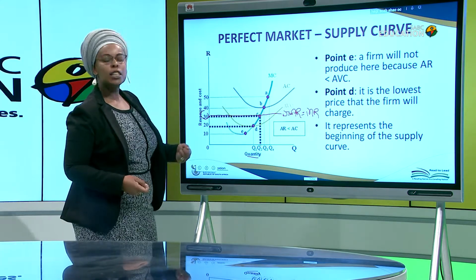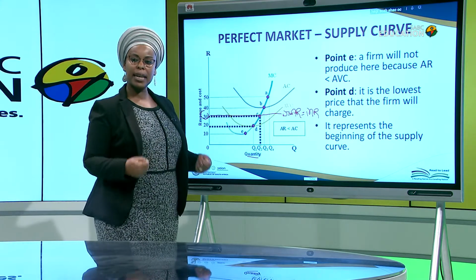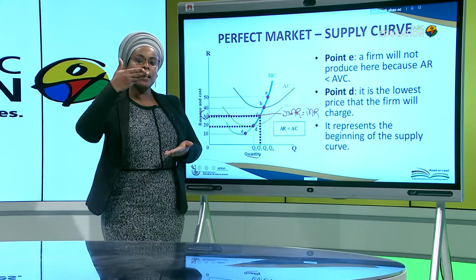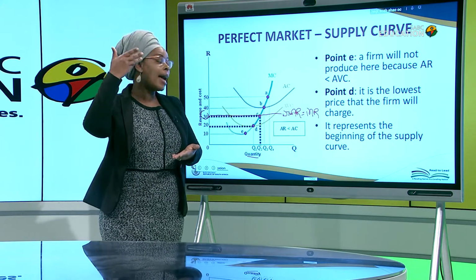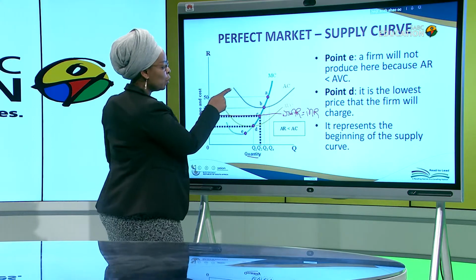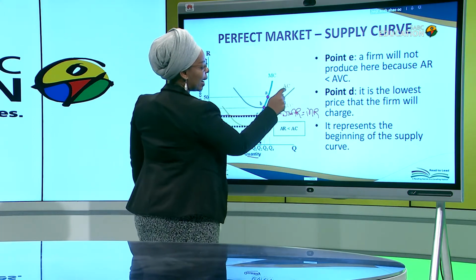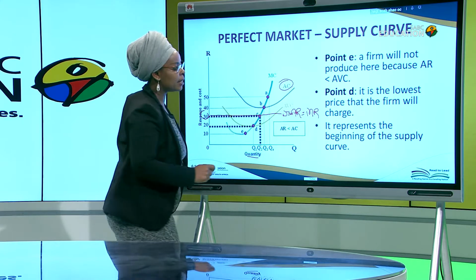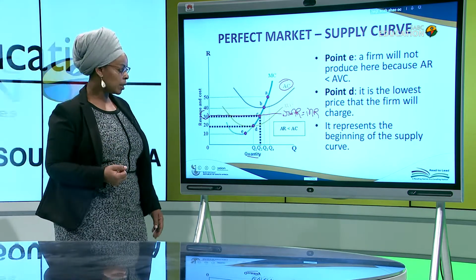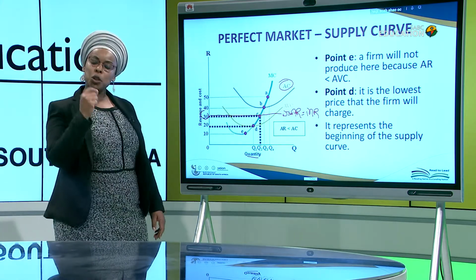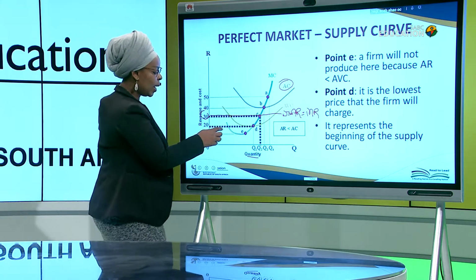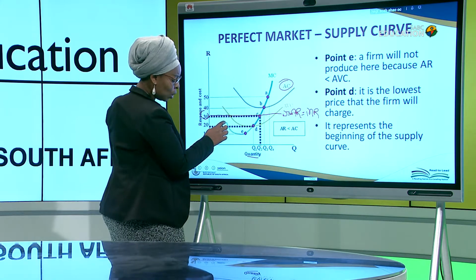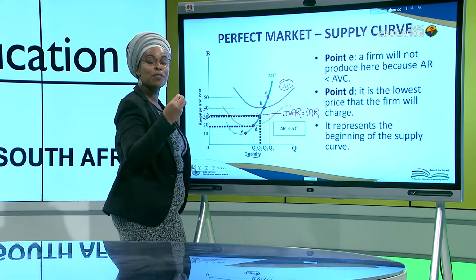Then you will draw your average cost curve. Its position will be above the average revenue. So the brown graph curve here will represent your average cost curve. Then you will draw your MC curve, which will look like the shape of a Nike.